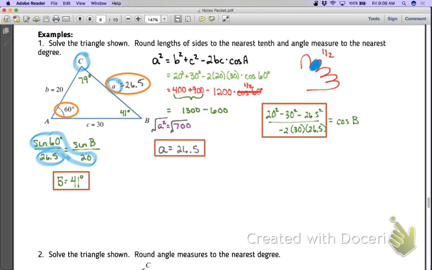I would have still gotten 40.87. I still would have gotten 41 degrees for angle B.